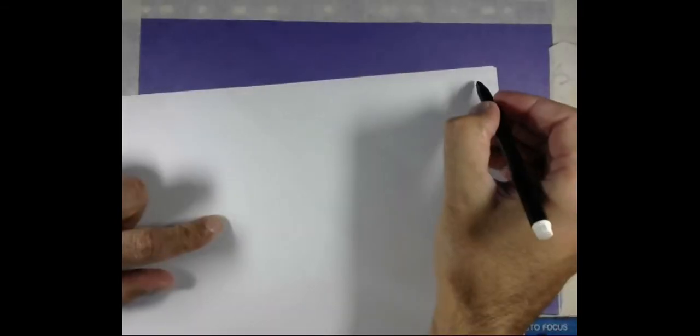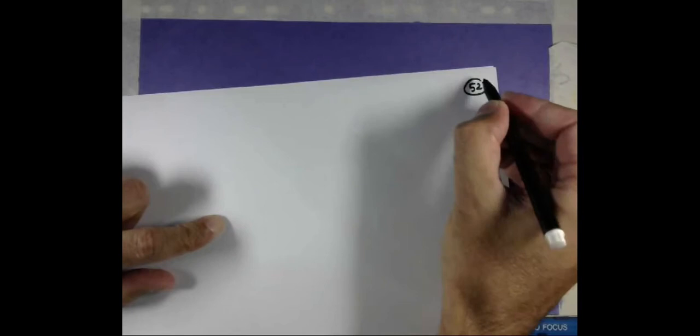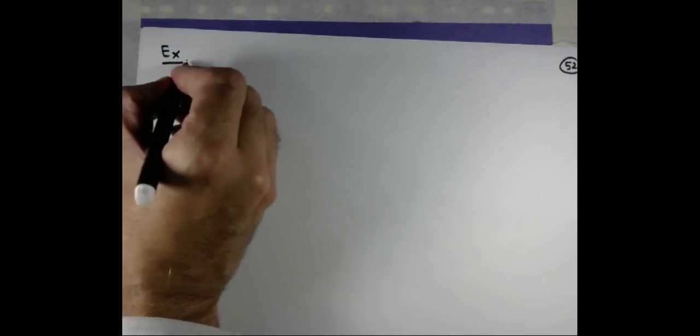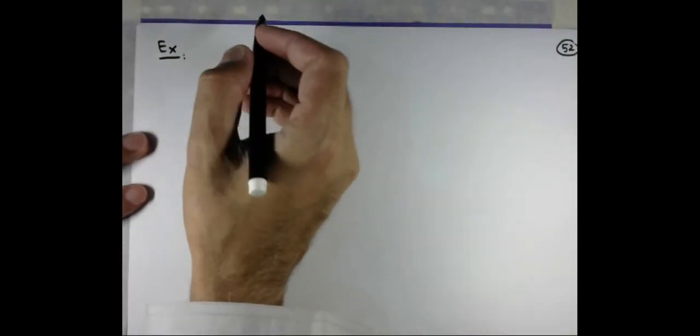So the example now. Suppose we are talking about some call time, call duration in a certain phone exchange.